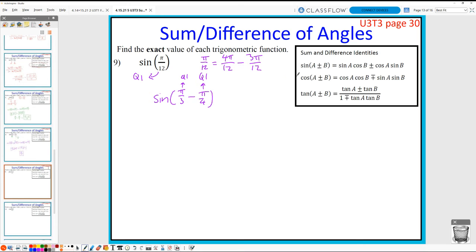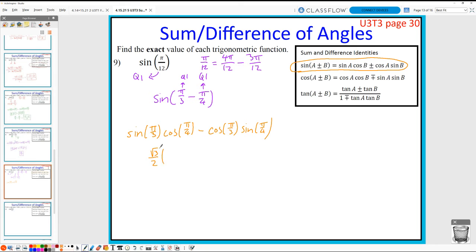So this is sine. I'm going to look at just the sine one. So sine of the first angle, pi over 3, times cosine of the second, pi over 4. The sign will match, minus and minus. And then I switch my trig function. So cosine of the first angle, pi over 3, times sine of the second angle, pi over 4. Sine of pi over 3 is root 3 over 2.